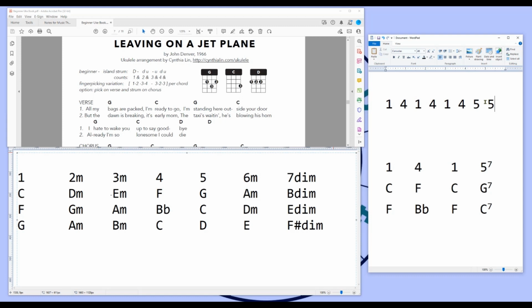And since you'd be so familiar with that song because you've played it a million times, you know when to move between the 1, the 4, and the 5. And so that's an example.